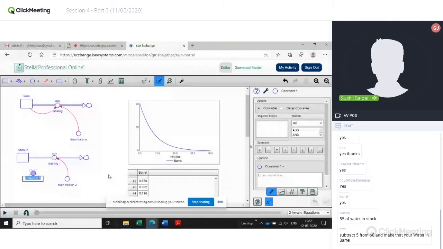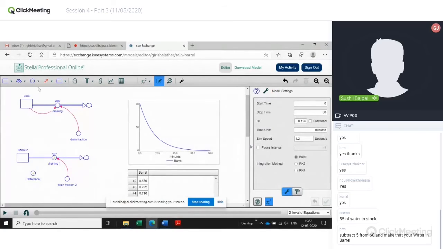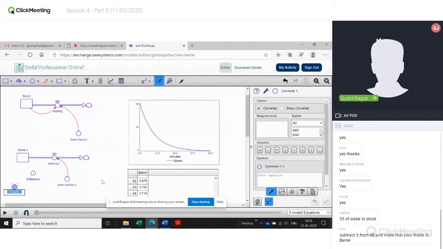That's right. And let us call this converter the difference, and put one more converter to the left of this converter and call this final volume.